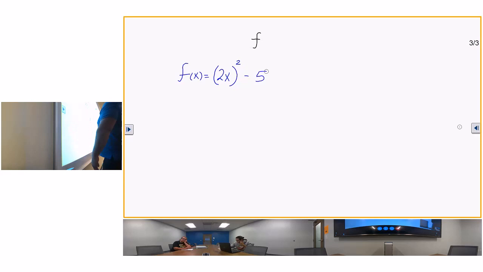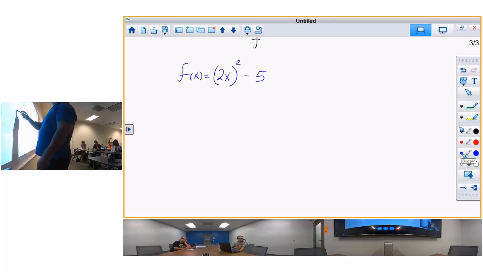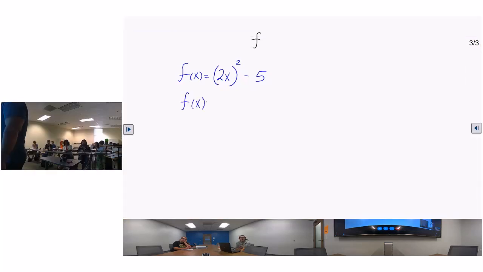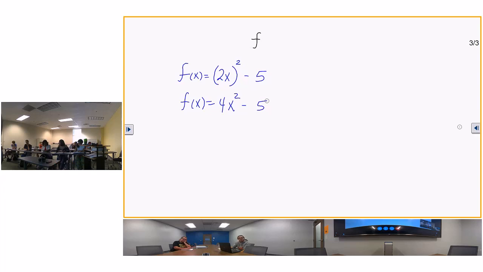Yes. Again, this is going to be rewritten as f of x is equal to 4x squared minus 5.